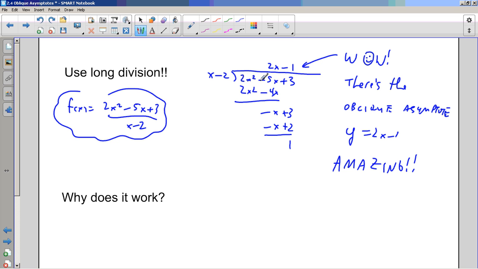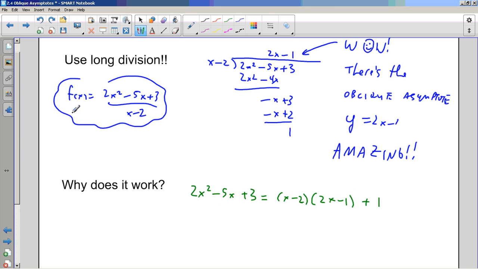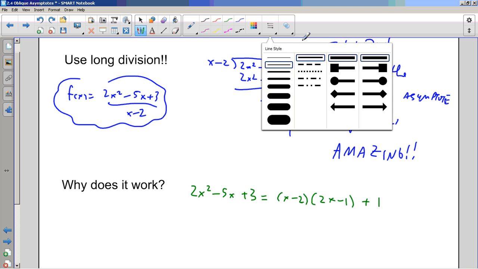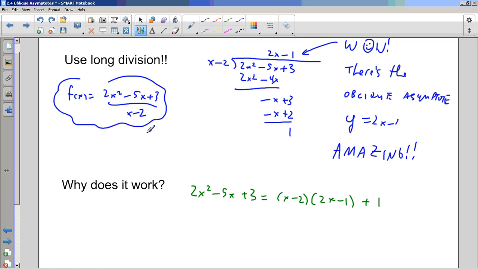Remember back when we did the long division, we'd write a division statement. In fact, we'd write the thing underneath is equal to the thing we're dividing by times the thing on the top plus the remainder, right? Well, notice that our function f at x isn't just this, right? If I divide by x minus 2, that's f at x.